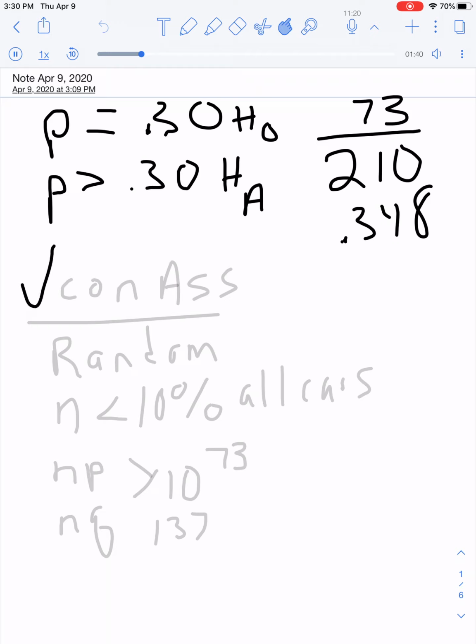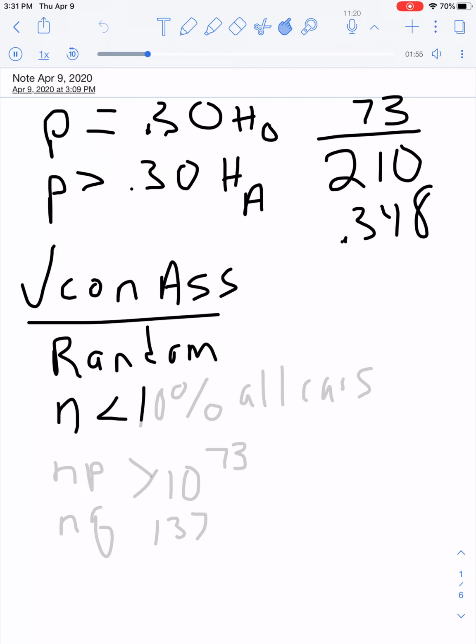Now, my conditions and assumptions. First of all, the cars I selected were random, just cars that drove by. The 210 cars would be less than 10% of all cars.